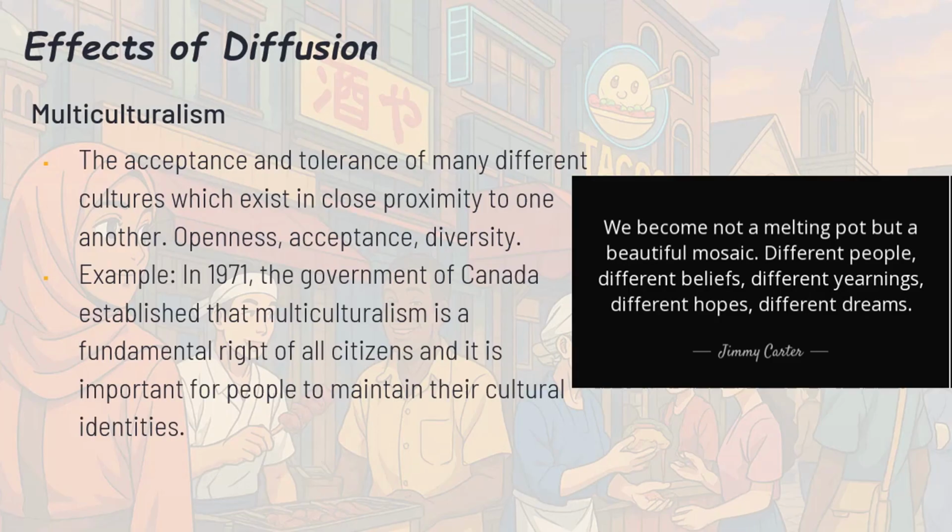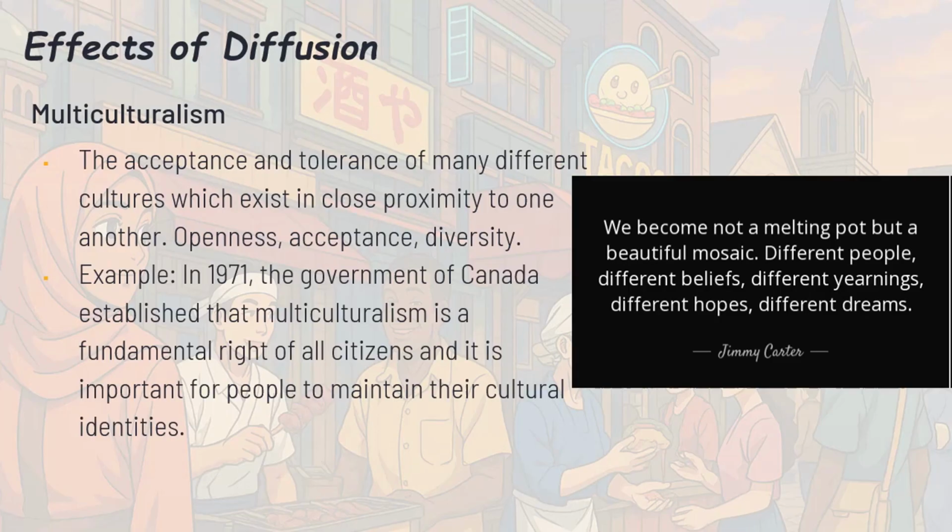That policy turned Canada into one of the strongest examples of multiculturalism, where multiple identities can coexist without getting erased. And that quote on the slide? Pure poetic heat from Jimmy Carter. He said it best: we're not just melting everything into one big blob, we're building a mosaic, piece by piece.